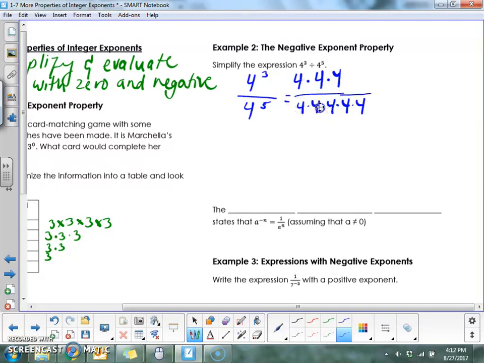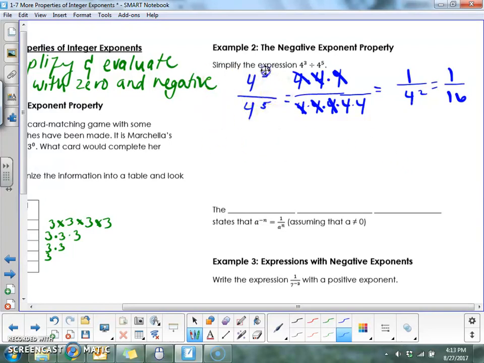Notice that we have more 4's on the bottom than we do on the top. When I go to cancel these, I'm going to end up with nothing on the top, just 1 over 4 squared on the bottom. And since we know what 4 squared is, 1 over 4 squared is 1 over 16.